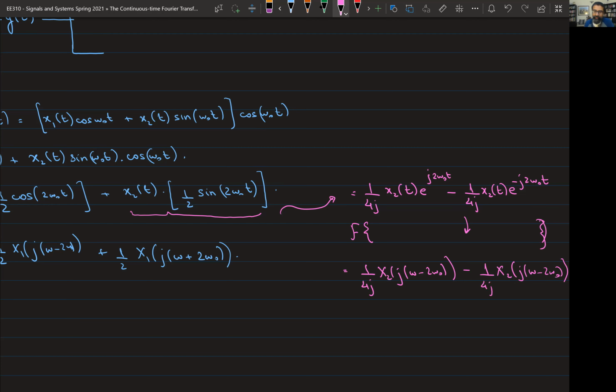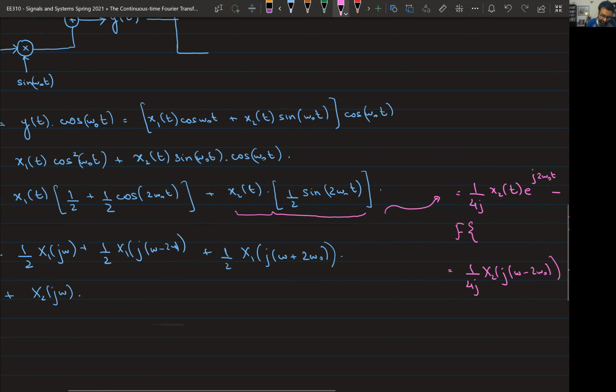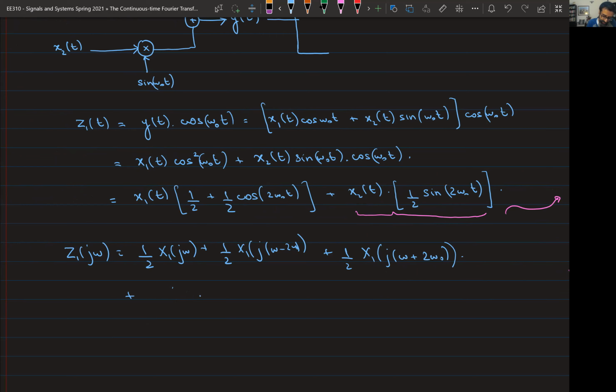So once again, these are copies of X2 in the frequency domain, but they are residing at very, very high frequencies. I mean, centered at 2 omega naught and centered at minus 2 omega naught, right? So here's what I can do. So this is 1 upon 4j X2 of j omega minus 2 omega naught and minus 1 upon 4j X2 of j omega plus 2 omega naught.